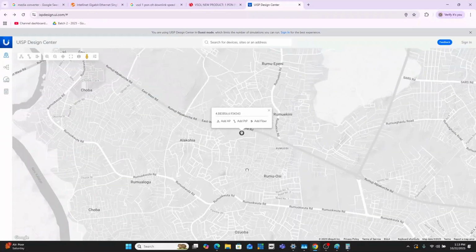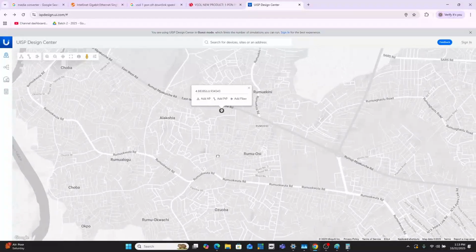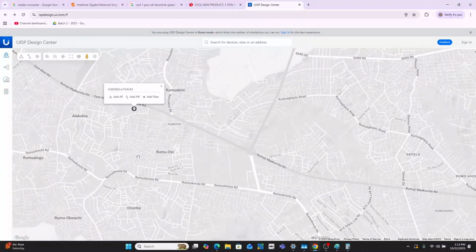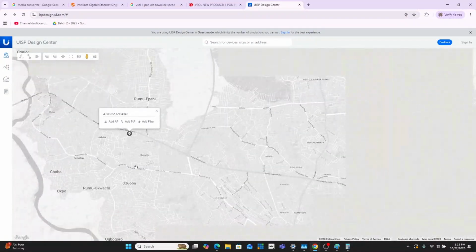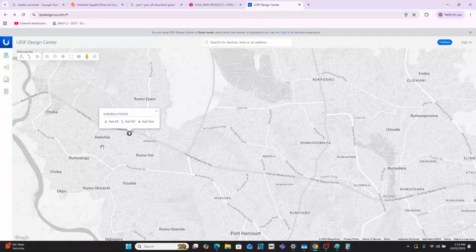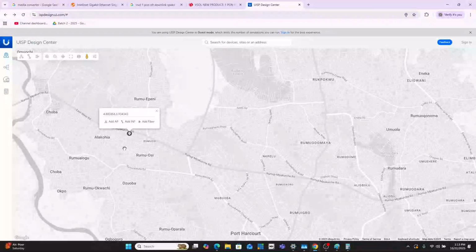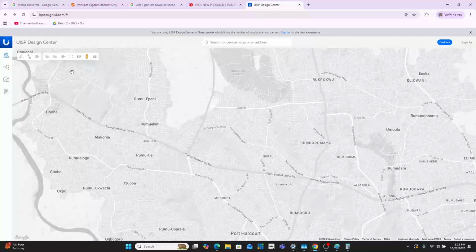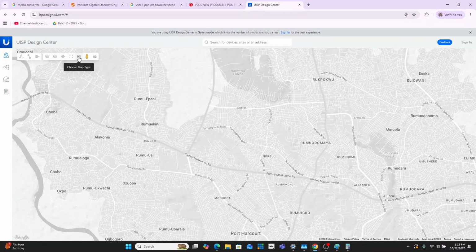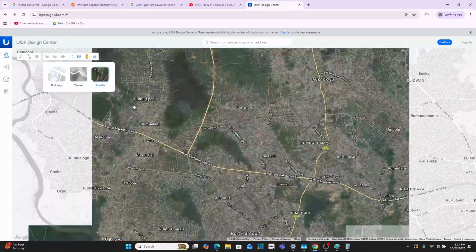First of all, you need to drag your map. This is a Google map, isn't it? I hope it's familiar. Everybody in this class knows how to navigate Google Map. If you don't like this one, you can click over here, choose map type. Up above here, there's a button, choose map type. I like satellite so that we'll see the roof.